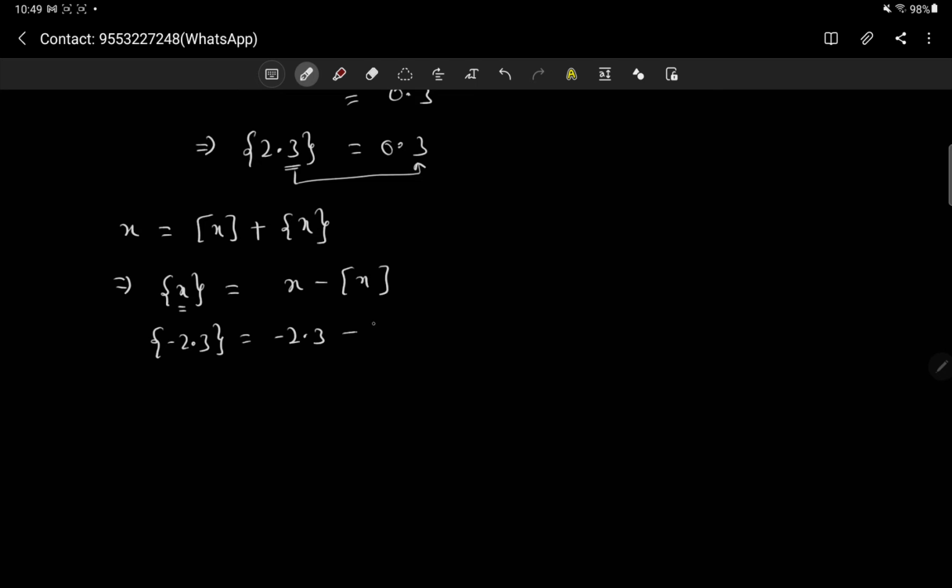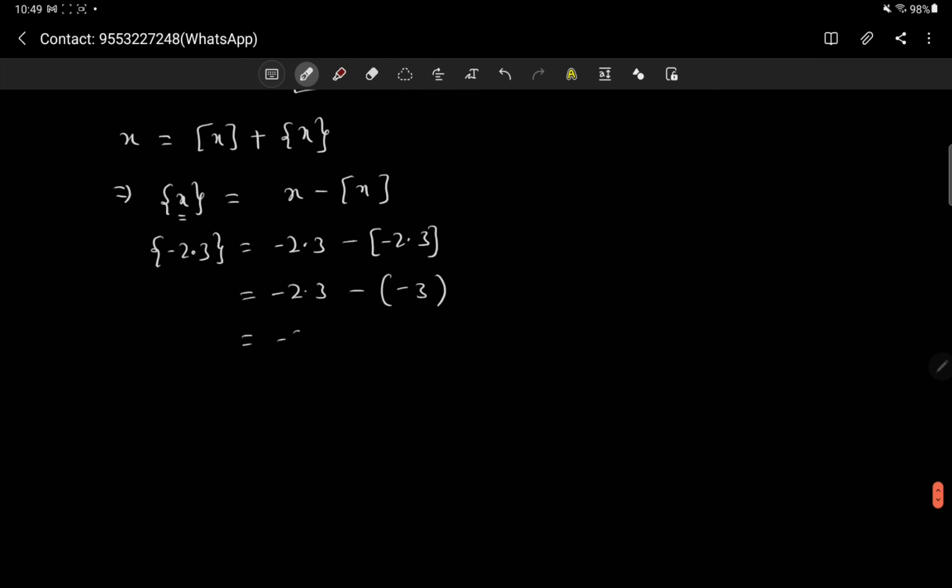Minus 2.3 minus step of minus 2.3. Okay, minus 2.3 minus, what is step of minus 2.3? Already we discussed, this is minus 3. Okay, minus 2.3 minus into minus plus 3. Minus 2.3 plus 3 will give us what? 0.7. That is the fractional part of minus 2.3.